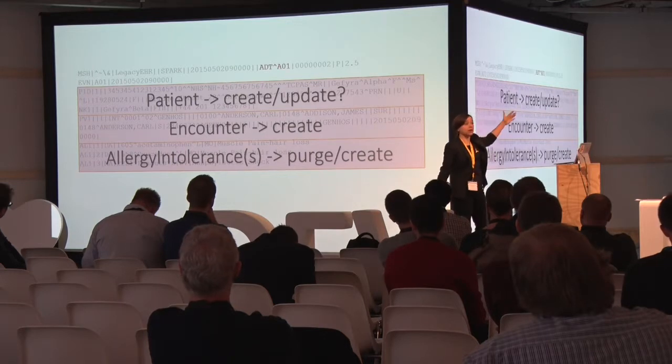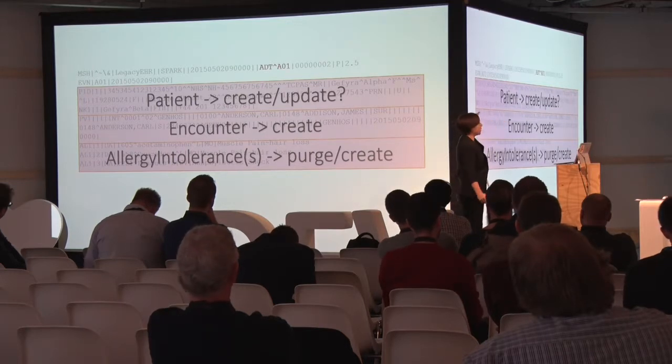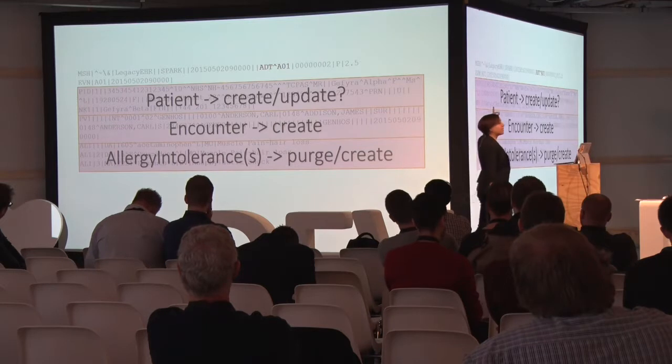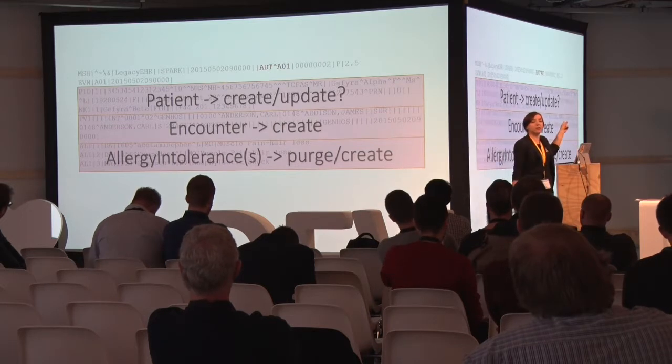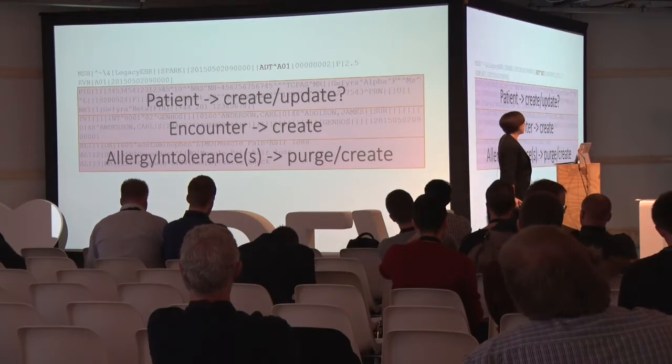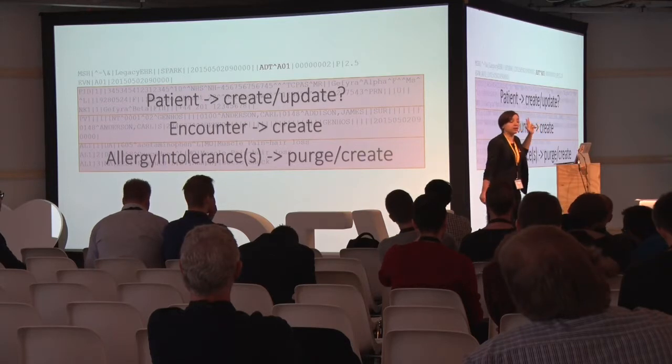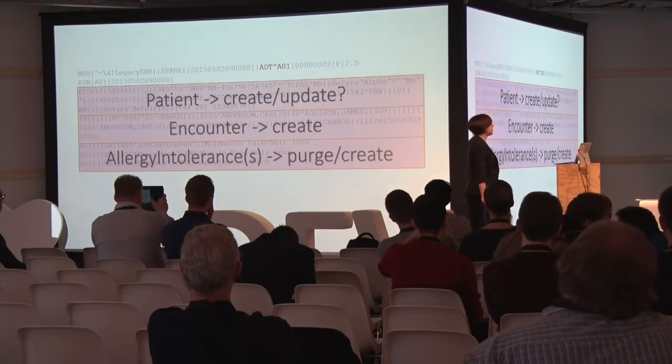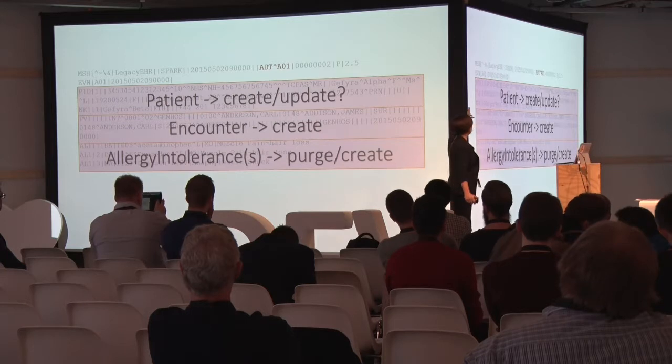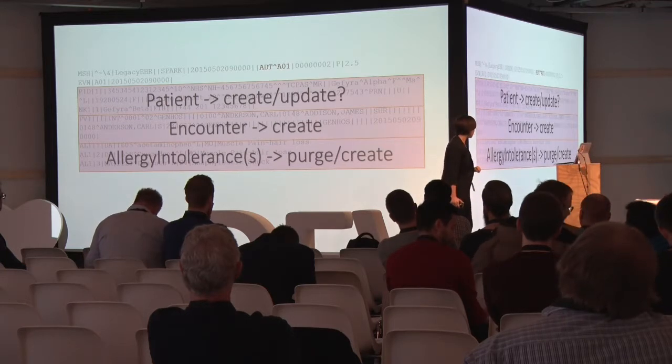It might be his second encounter, he may have been already in the system, so we can't really say for sure whether we want to create that patient, or maybe we just want to update a patient that's already in the system. The message doesn't tell us whether the patient already exists in that case.